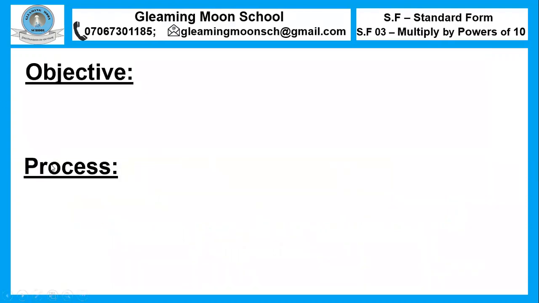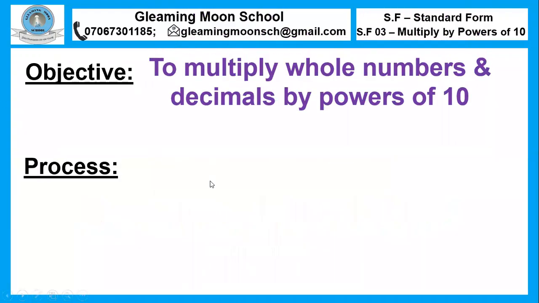In this video, our objective would be to multiply whole numbers and decimals by powers of 10. And in order to achieve this objective, we're going to go through three processes. The first one would be to do a recap on powers of 10.